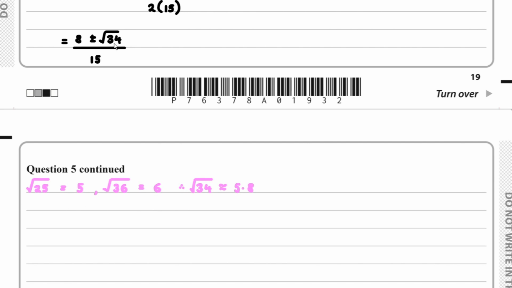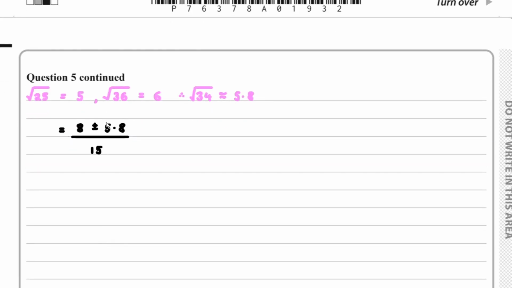So where I've got 8 plus or minus root 34 over 15, we can rewrite that as 8 plus or minus 5.8 over 15. 8 plus 5.8 over 15 is 13.8 over 15, and 8 subtract 5.8 over 15, that's 2.2 over 15. And what we know is A is in between 0 and 1 over 5.